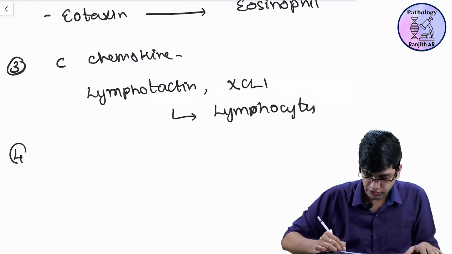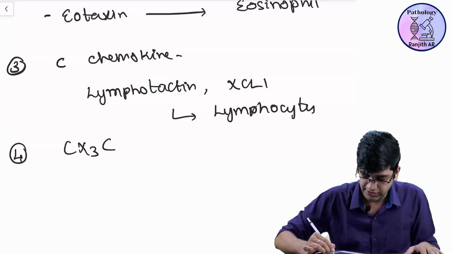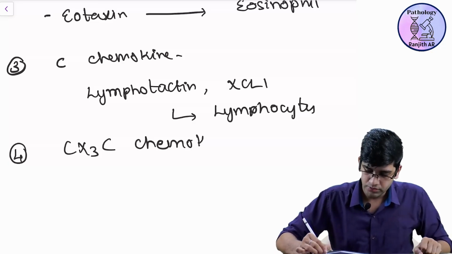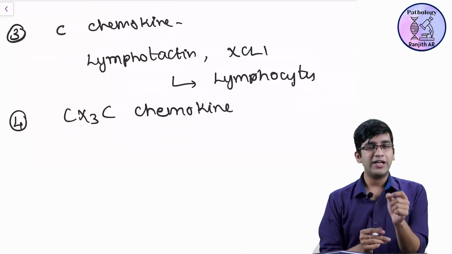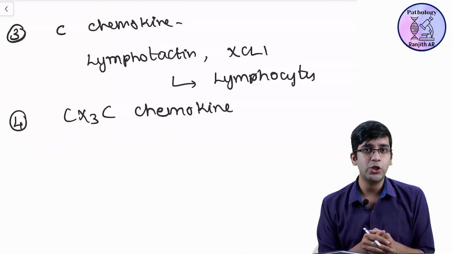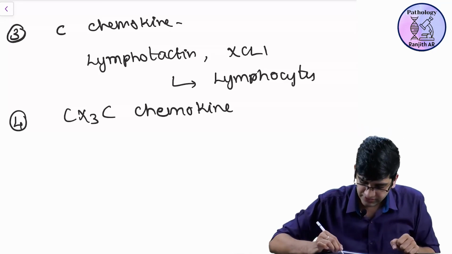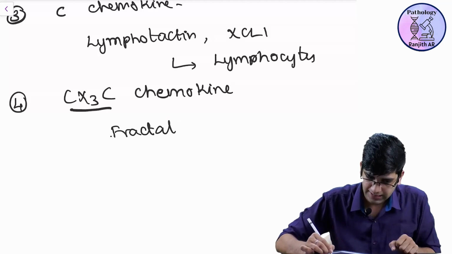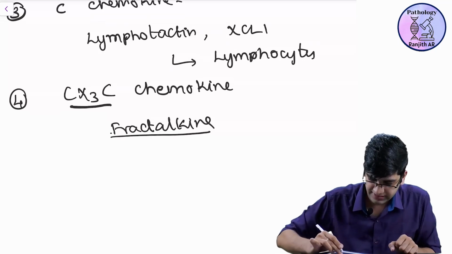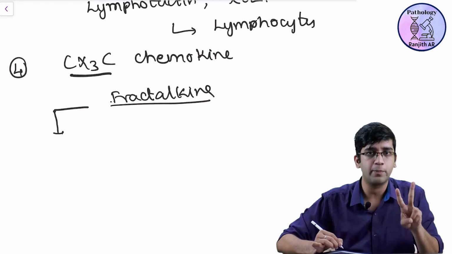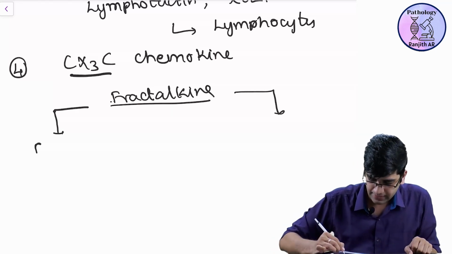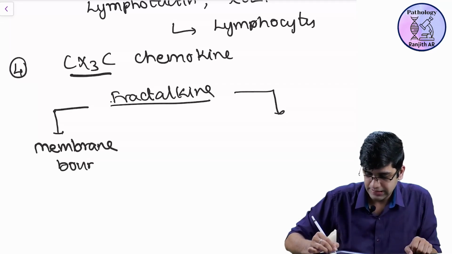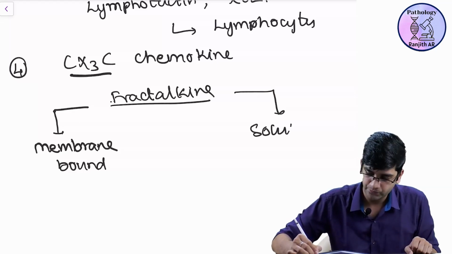The fourth, last but not the least, is the CX3C chemokine, which means I'm going to have 3 amino acids between 2 cysteine residues. In the CX3C chemokine group, there's one important thing which has been asked as an MCQ previously called fractalkine. Fractalkine has 2 components, a membrane bound component and also a soluble or secretory component.